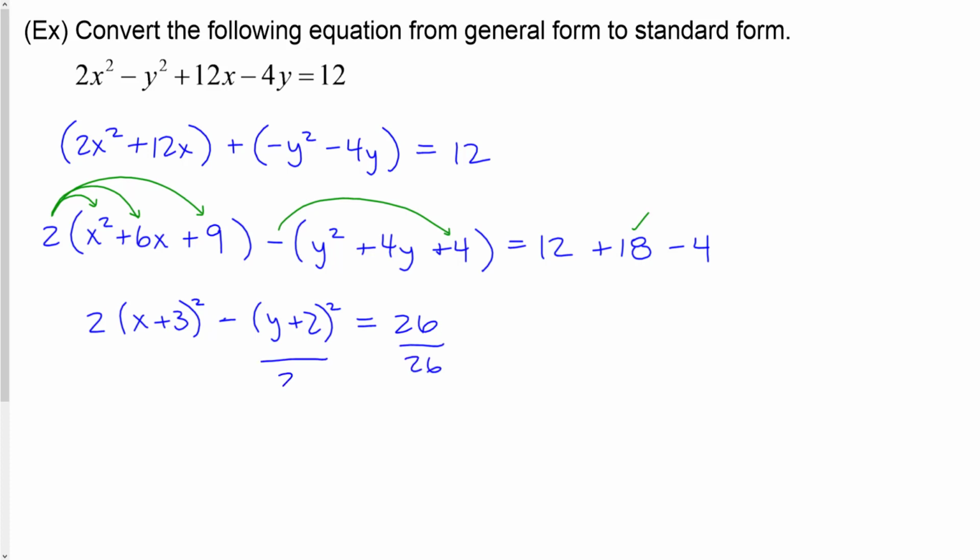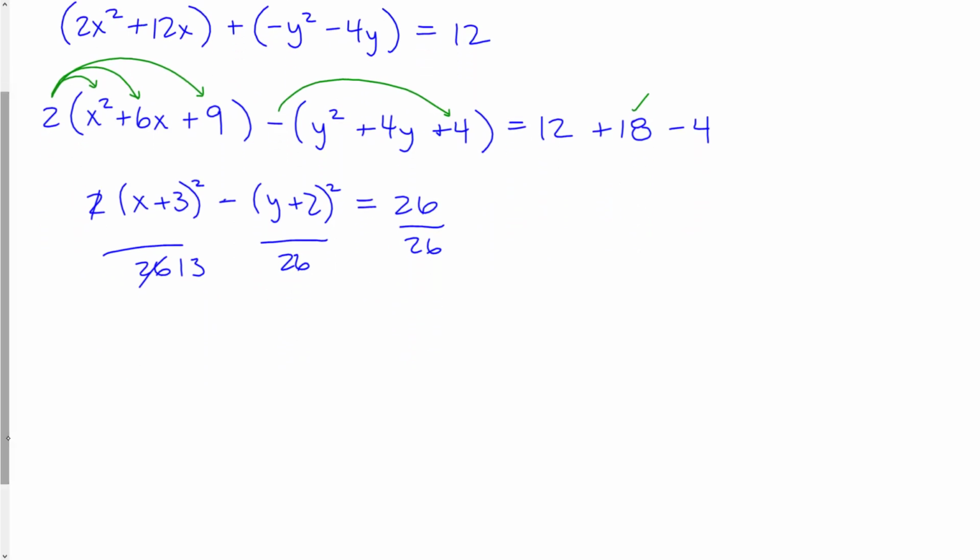So I'm going to divide everything through by 26 to make that happen. 2 goes into 26 13 times. So in standard form, I have the quantity x plus 3 squared over 13 minus the quantity y plus 2 squared over 26 equals 1.